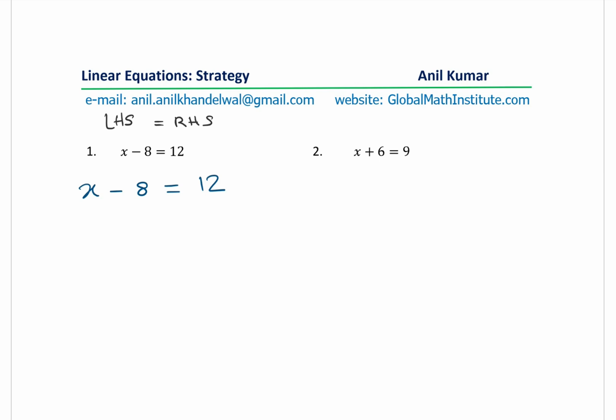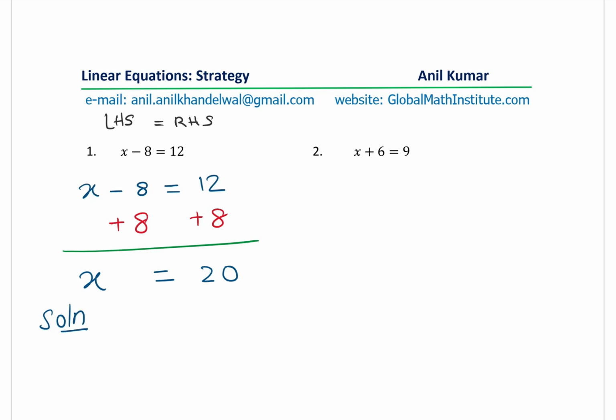So in this particular case, since we have minus 8 extra, we can add 8 on both the sides. So when you add 8 on both the sides, what do you get? You get x minus 8 plus 8 is 0, 12 plus 8 as 20. So we say that our solution is, in the short form I'm writing, x equals to 20.